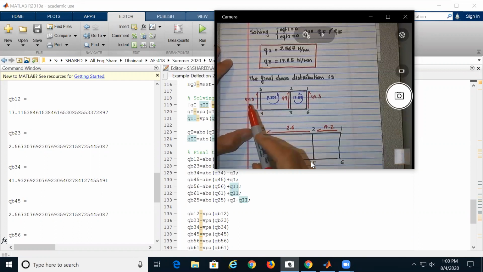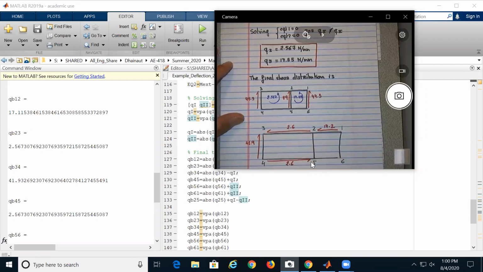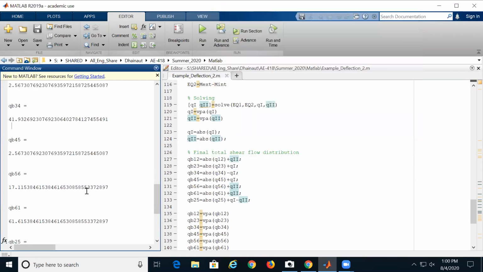Q34 should be equal to the 44.5 minus the 2.567, which is 41.9. The 4.5 should be equal to the 2.567, the 2.56. The 5.6 should be equal to the 17.2. Let's see if that is what we get. Yeah.